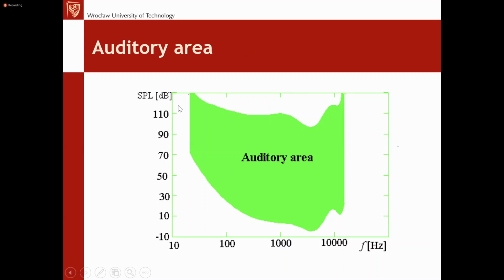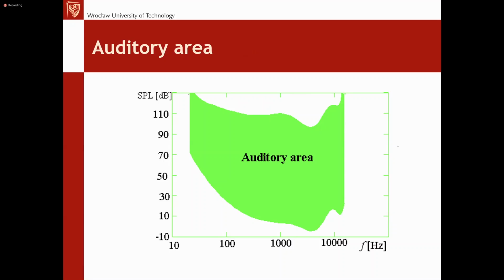This auditory area is limited by the so-called threshold of hearing here, and the uncomfortable hearing, or the threshold of pain, for the higher SPL values.